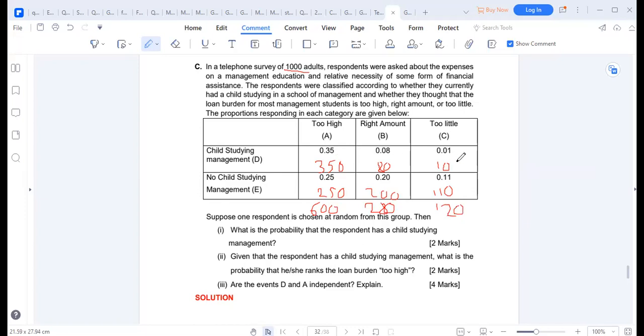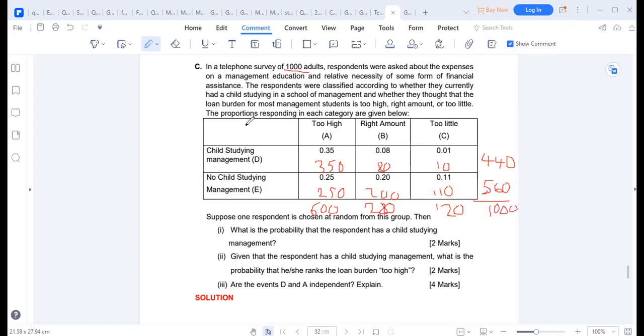And 350 plus 80 plus 10, we get 440. 250 plus 200 plus 110 is equal to 560. This total figure here takes us back to the total that we had as 1,000. At this point, are we all together?